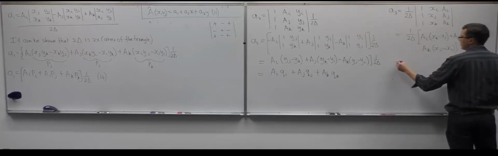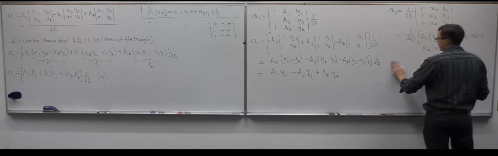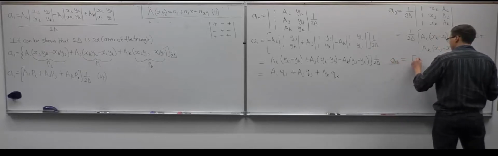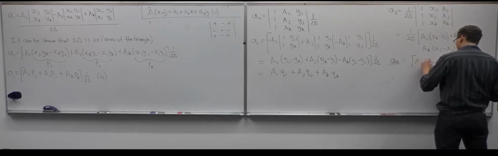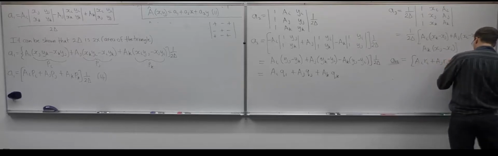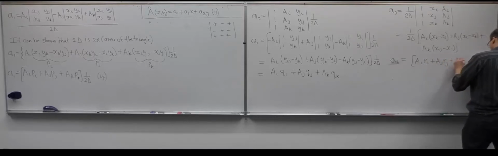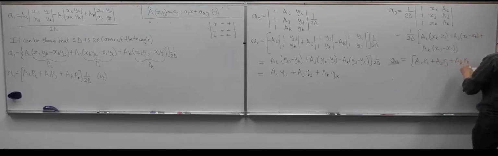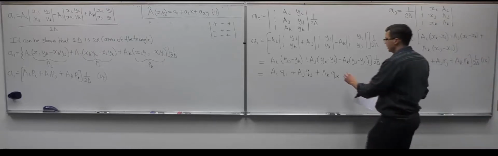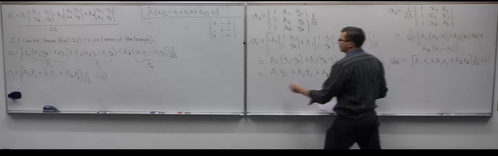Now we can simplify this last term down to be a_i r_i plus a_j r_j plus a_k r_k, times 1 over 2 delta. And that's equation 16, and this was 15 here. This is A2.